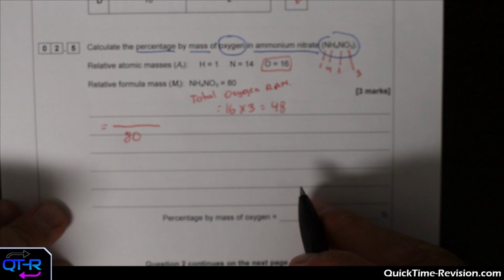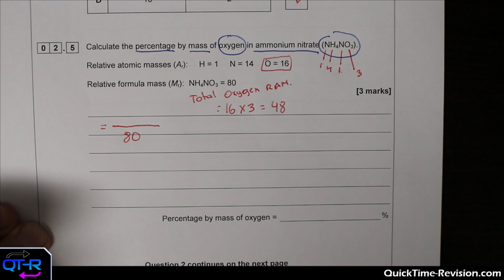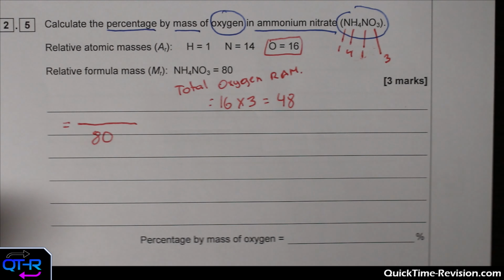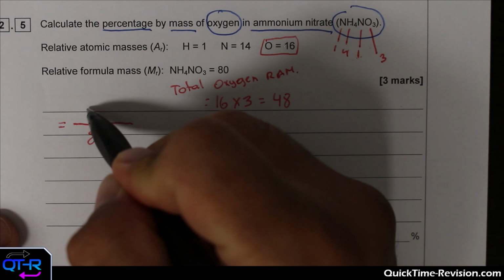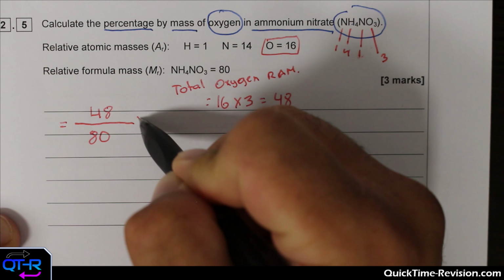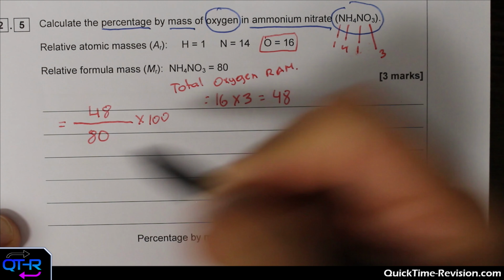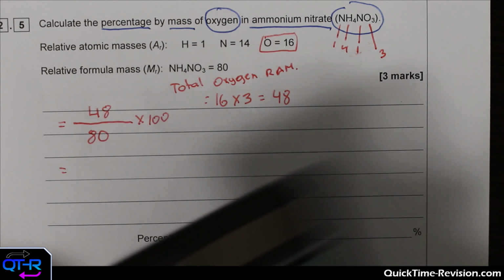Because we are looking at the mass of oxygen, we are going to add the 48 at the top. And to calculate the percentage, we're going to times the whole thing by 100. So let's get this done.